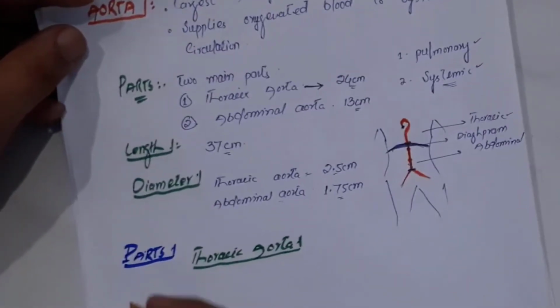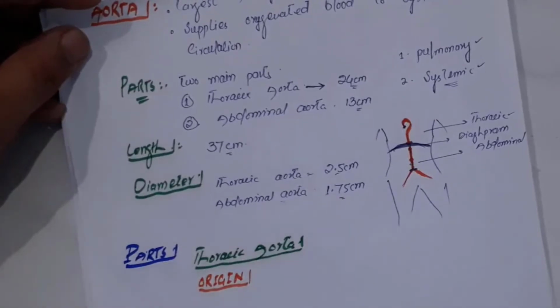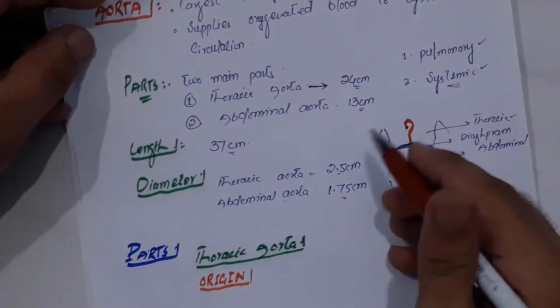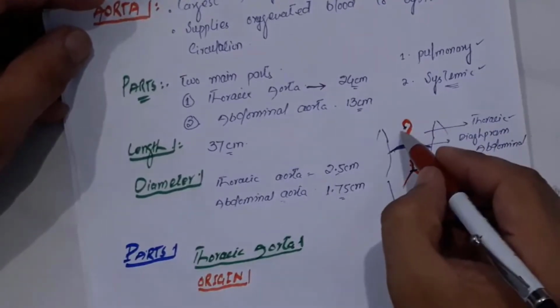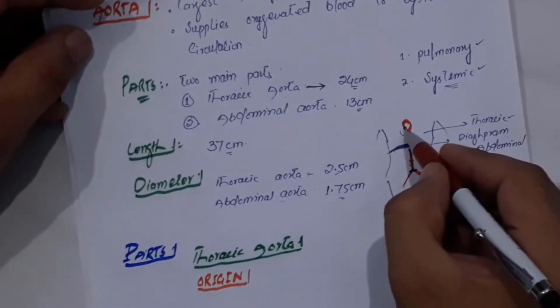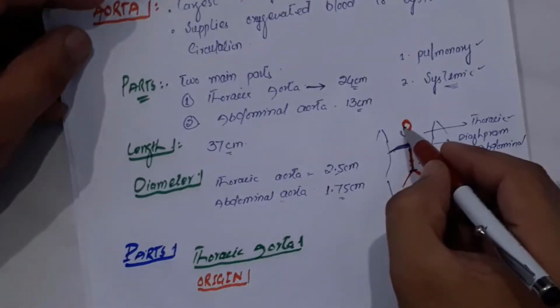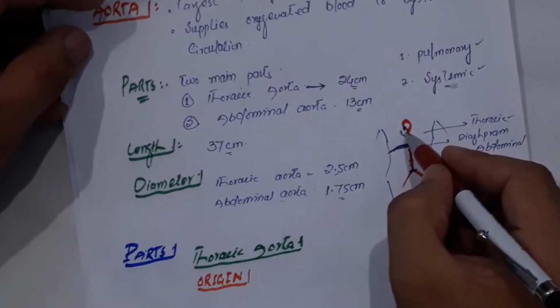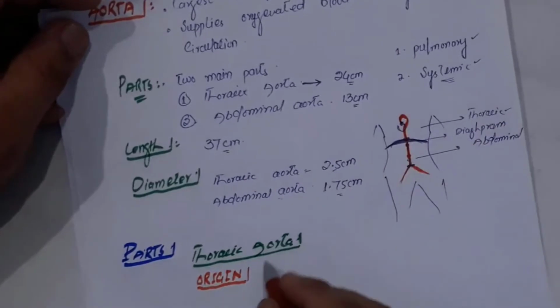From where does it arise? So friends, as we know, the thoracic aorta arises at the aortic valve. Here is our heart, and from the left ventricle the thoracic aorta arises. There is a valve in between the left ventricle and aorta, so that's why it's called the aortic valve.